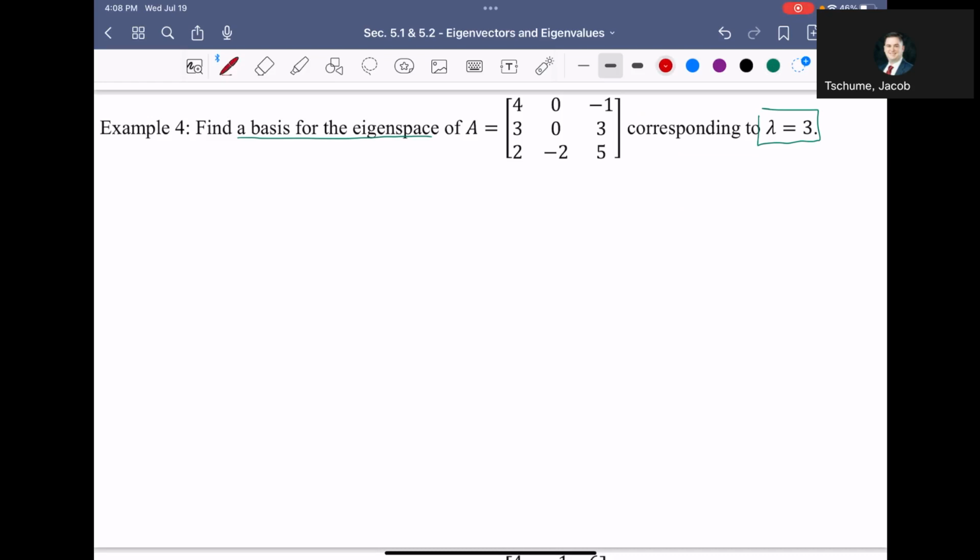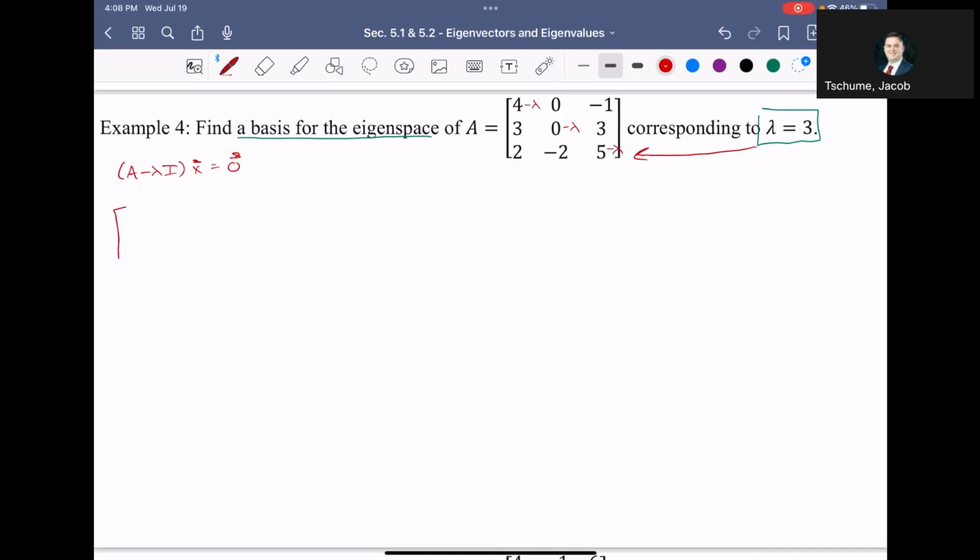Since I want you to work with lambda equals 3 and find the eigenspace of this, remember, this is asking us to set up a homogeneous matrix equation based on the lambda I've provided. The minus lambda, we know from the last problem, goes on the main diagonal, so I want to plug lambda equals 3 into those lambdas and create the A minus lambda I matrix.